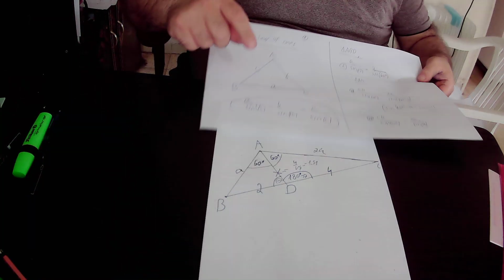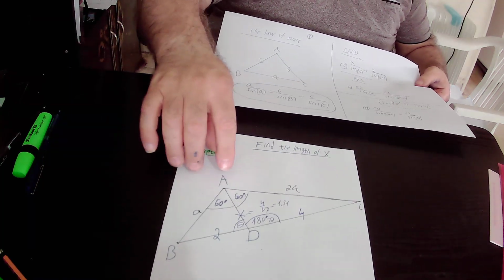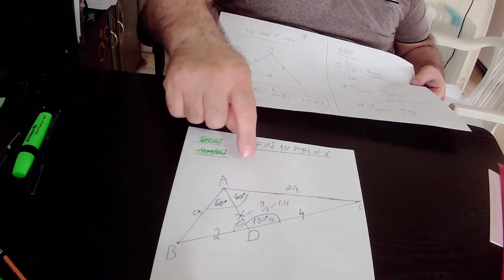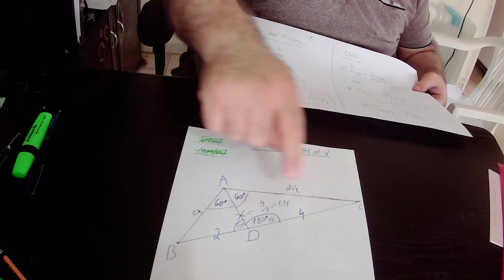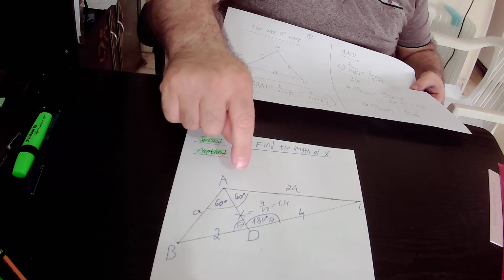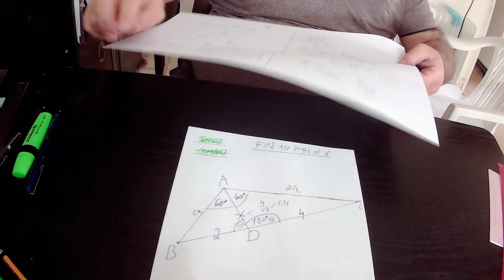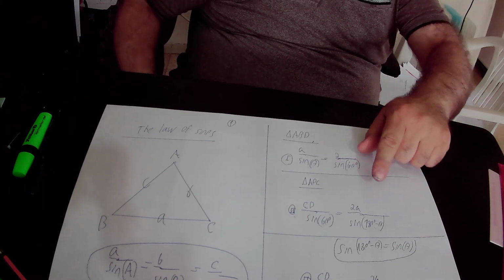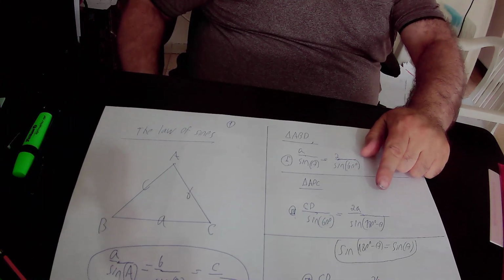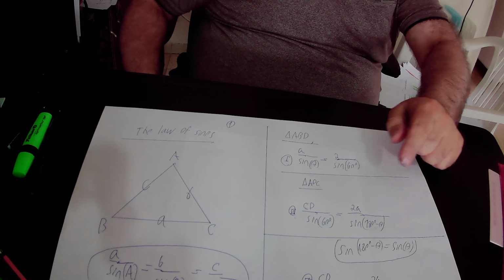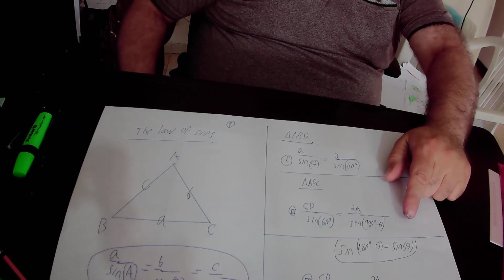And then we applied the law of sines also in triangle ADC. In triangle ADC, CD over sine 60 degrees equals 2a over sine of 180 degrees minus theta. Okay? And we have the trigonometric identity that sine of 180 degrees minus theta equals sine theta.